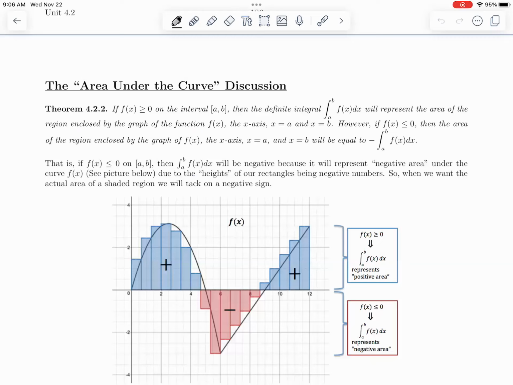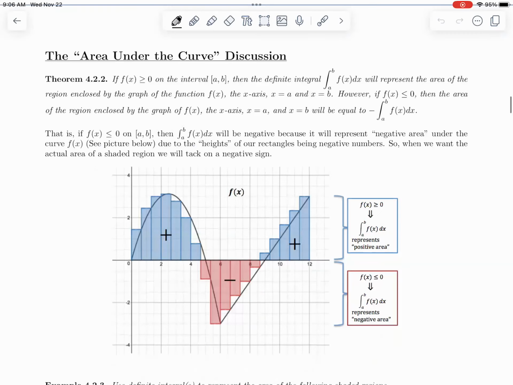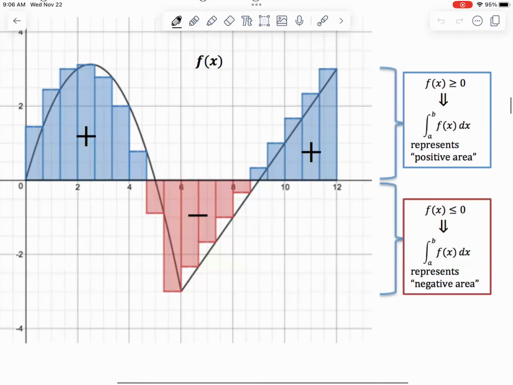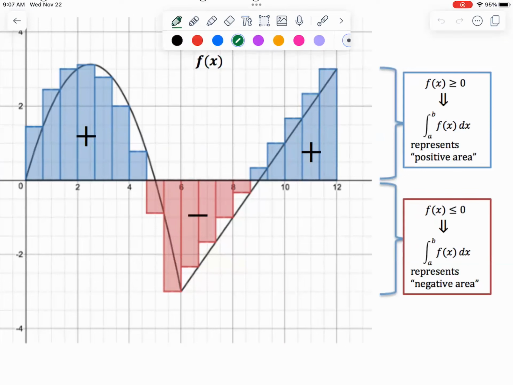For example, just on this graph right now, here is 5 and here is 9. You don't need to write this down, but the definite integral from 5 to 9 of f of x dx is going to be a negative number.